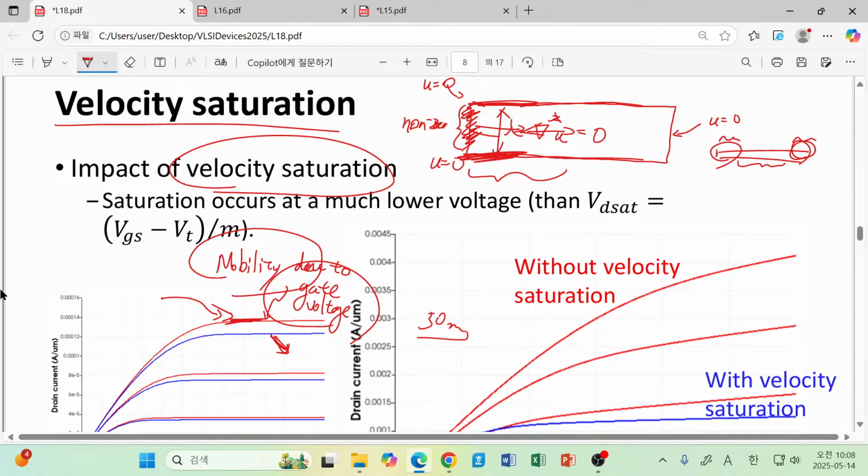Velocity saturation simply means that people made this kind of experiment.